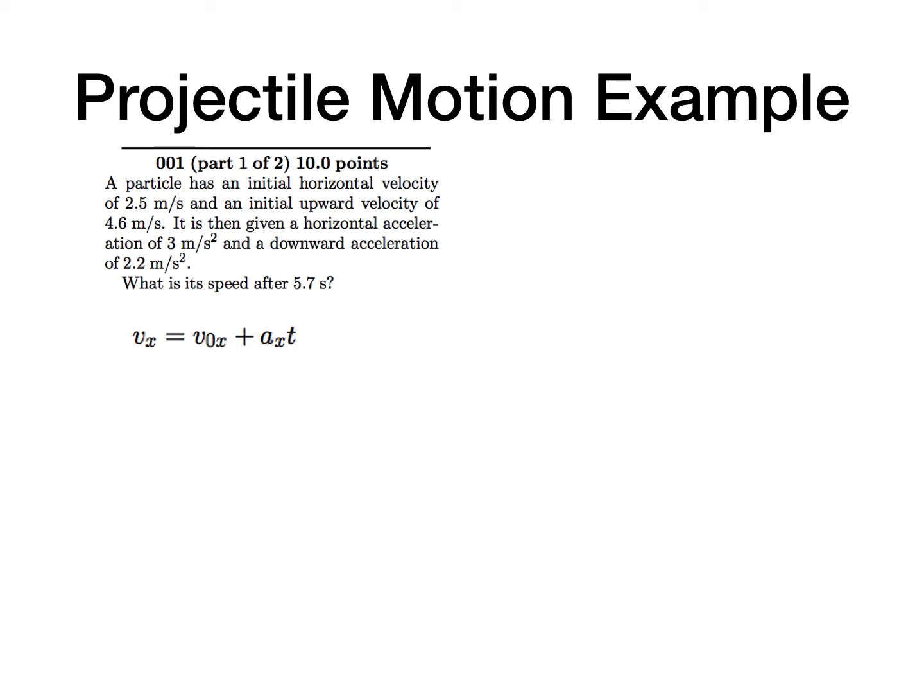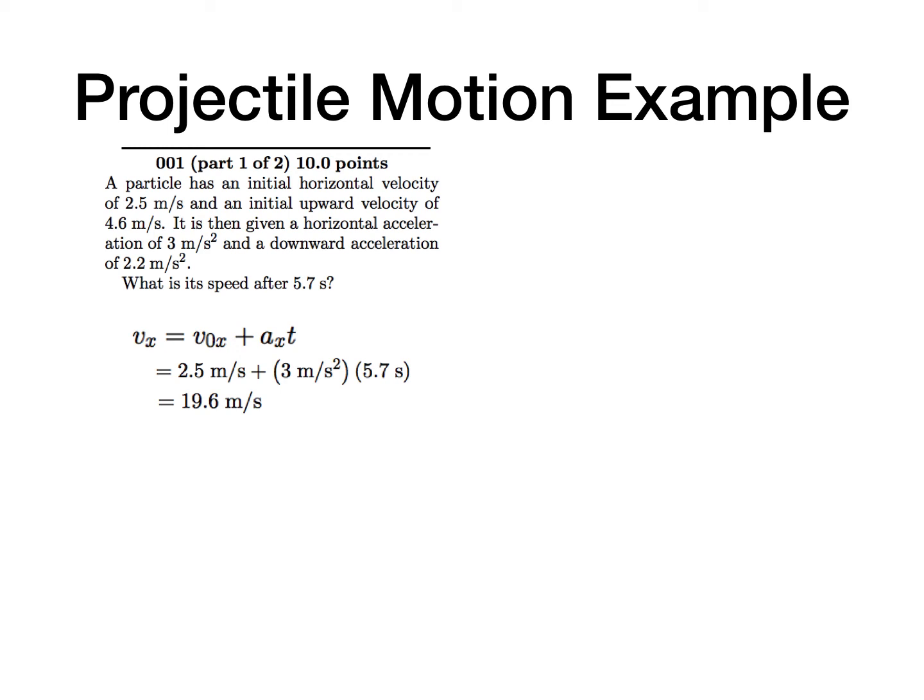Based on what was given in this question, 2.5 meters per second, which is the initial velocity in the x direction, plus 3.3 meters per second squared, which is the horizontal acceleration, times 5.7 seconds, which is our time, will give us a speed of 19.6 meters per second in the x direction.